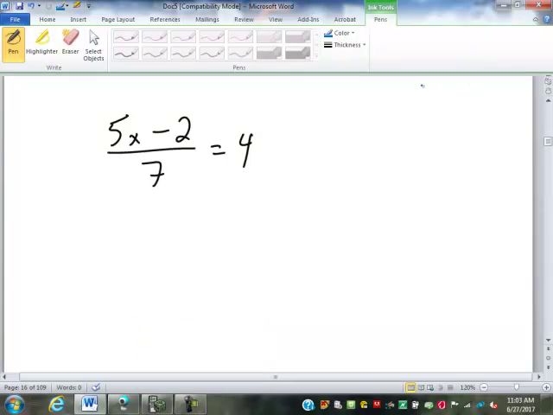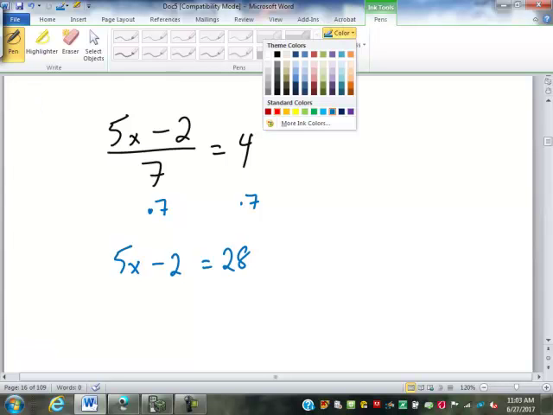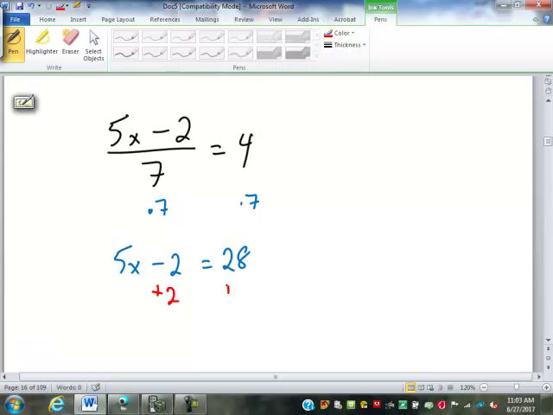What do we do first here? We're going to multiply by 7. Very good. What's that give us? 5x minus 2 equals 28. Okay, and then what? Add the 2. Okay, and then? 5x equals 30.